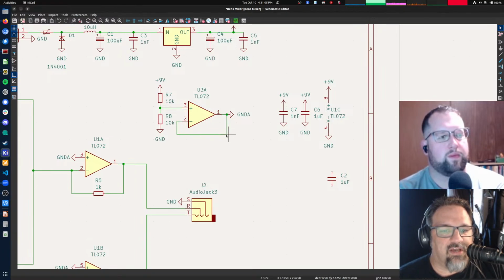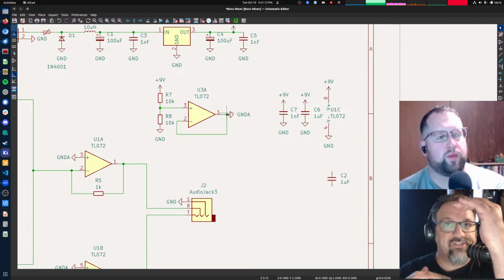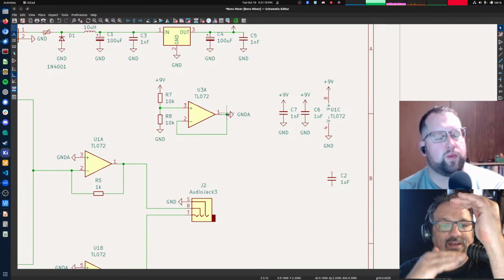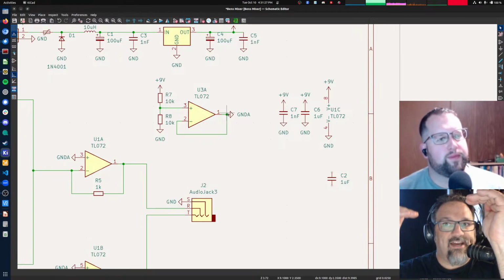Well, that 0 volts comes right back around into the negative input. The negative input is more negative than the positive input, so it will start increasing the output because those inputs do not match. I've got 4.5 volts on the positive input and 0 volts on the negative input. The positive input is more positive than the negative input, so it will start to increase the output.